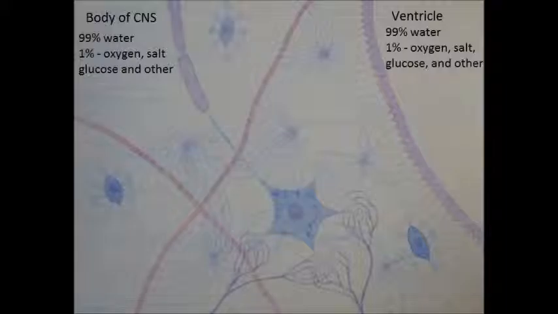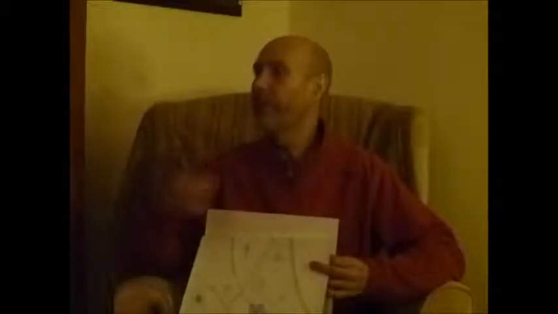Suddenly there's hugely more fluid, massively more fluid. The cells can move around in it, and it's much more like seaweed in the sea. The image we have of the brain and central nervous system is of a solid thing, but it is in fact fluid.